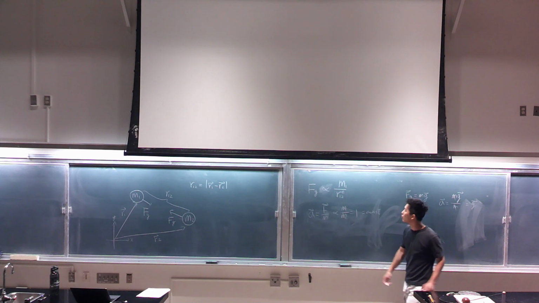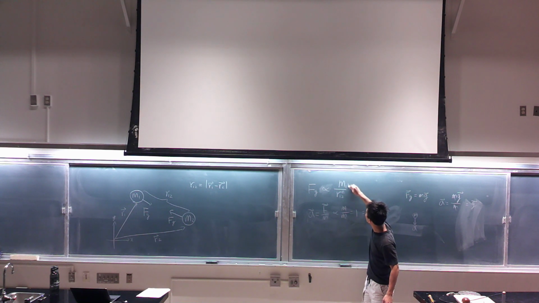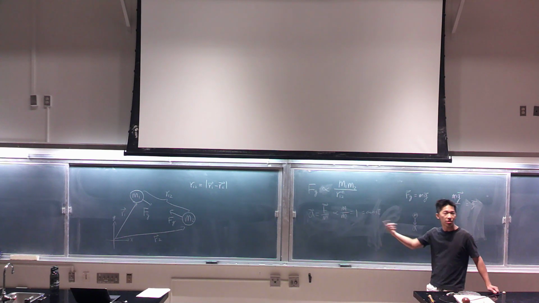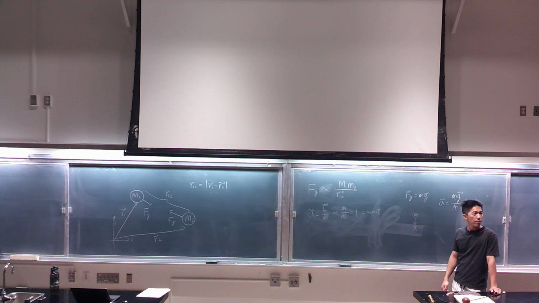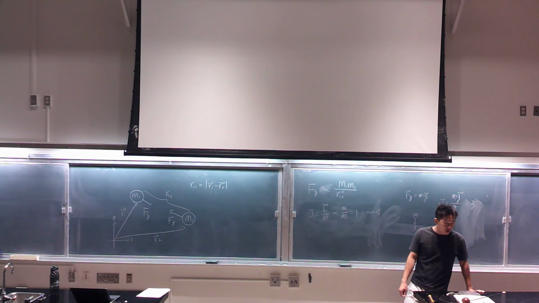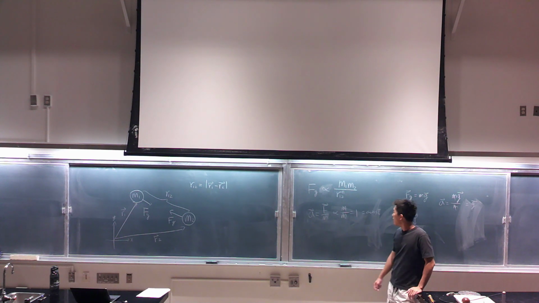Therefore, it should be proportional to both their masses, not just one of them. We need to make it symmetric because the interaction is symmetric. Does that make sense? Okay. So we know gravity will cause some acceleration independent of their mass, so it should be proportional to their masses and have some relation with the distance between them. Okay?